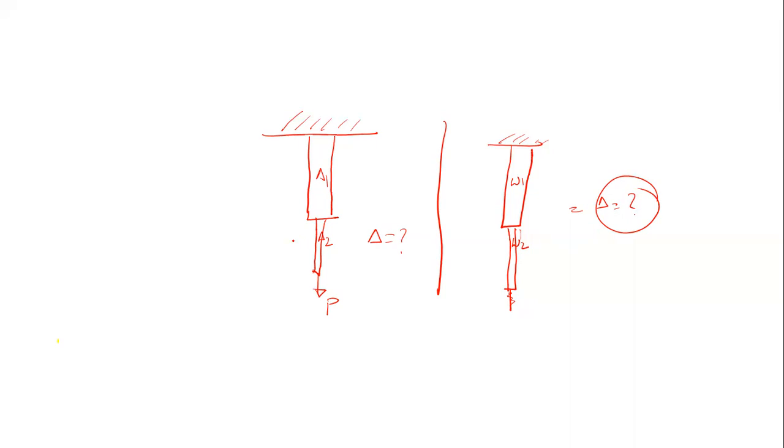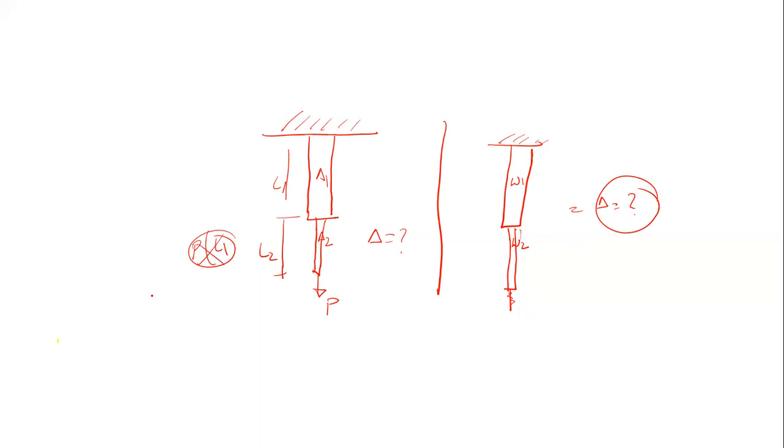We can calculate, for this problem, the total amount of force is P. So the total increase in length will be equal to P into L1, if this is length L1, and the total length from here to here is L2.